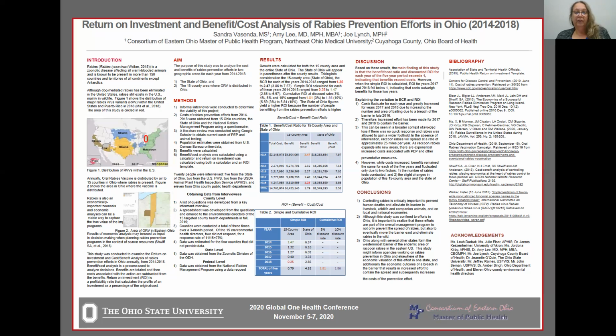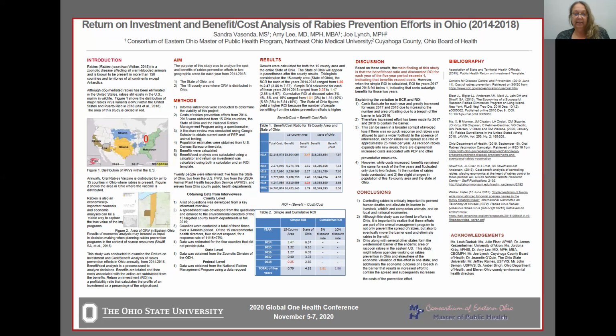The costs for each year fluctuated and greatly increased during the years 2017 and 2018 due to an increase in the costs of baiting for those years after a breach in the barrier was discovered in late 2016. However, the increased costs also represent avoided future costs.